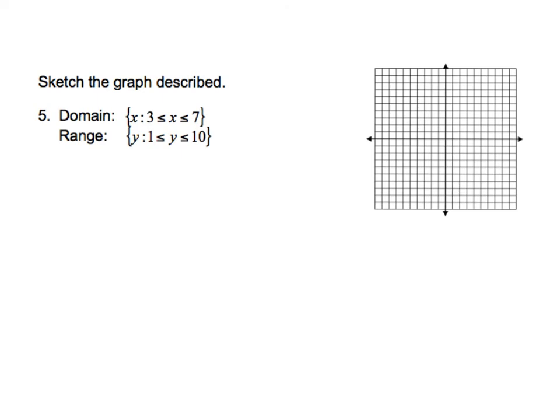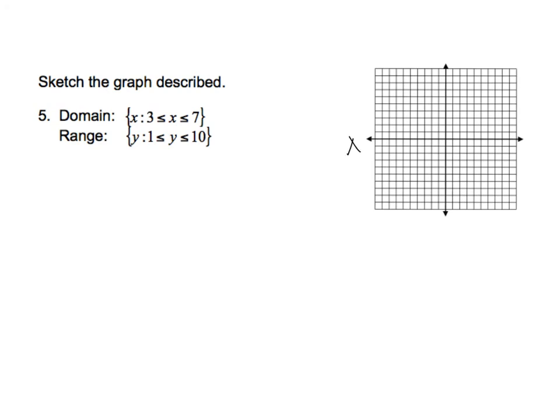So I'm going to draw a box with these parameters. So let me just draw points where these values are. And that's not right, because that's a y value and that says x. So x, domain, remember, that's x.